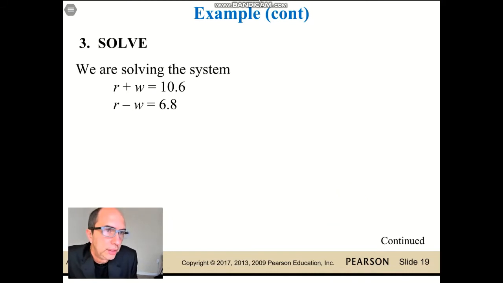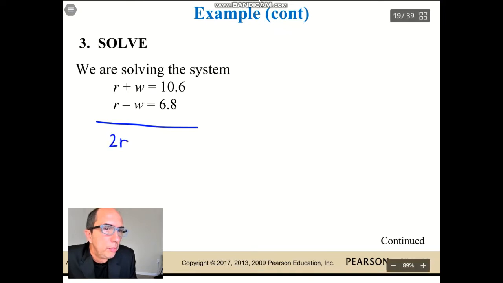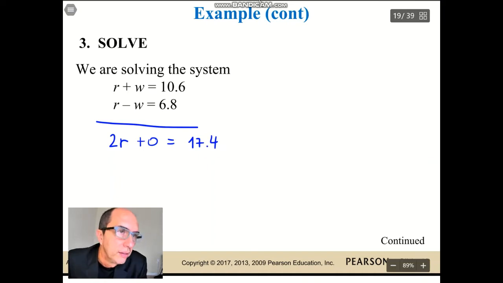And this one is a good choice for the elimination method, because I have here positive W and negative W. And if we add together these equations of the system, we're going to have R plus R, 2R, positive W minus W, 0, and 10.6 plus 6.8, 17.4. Right?